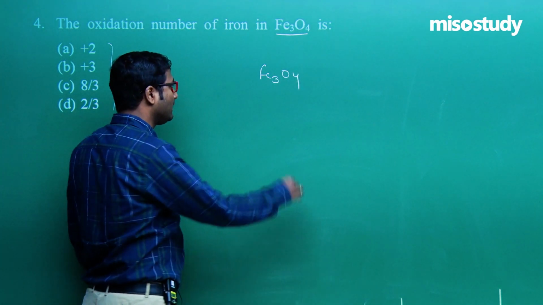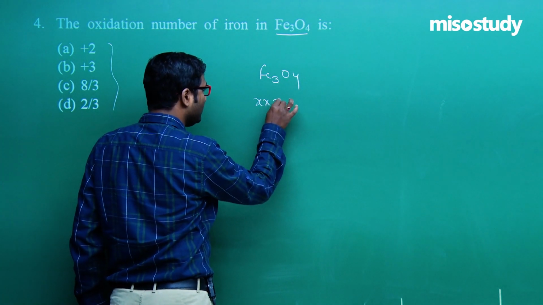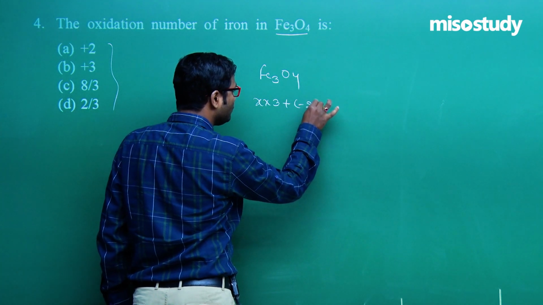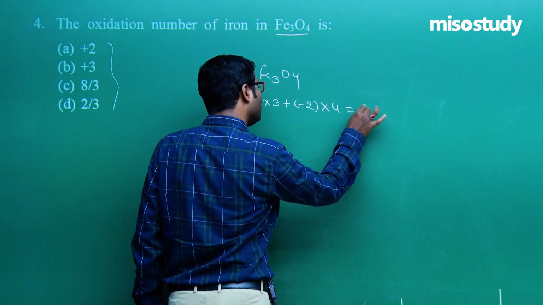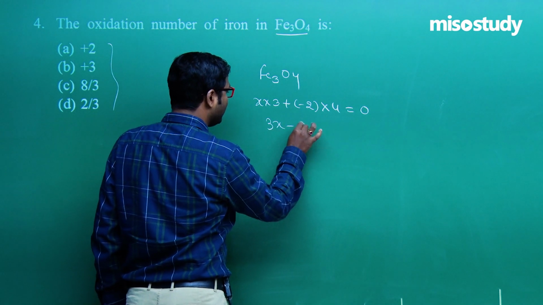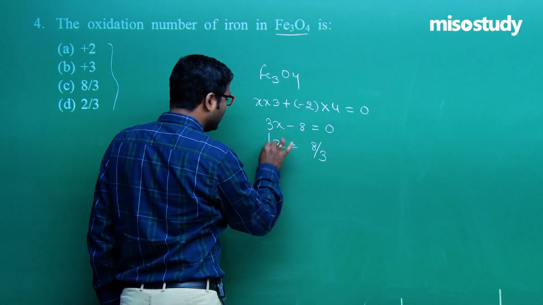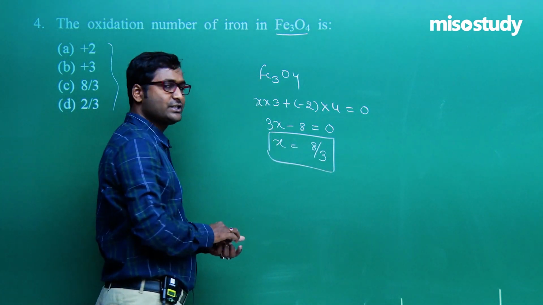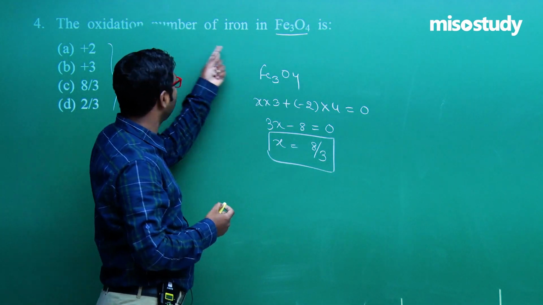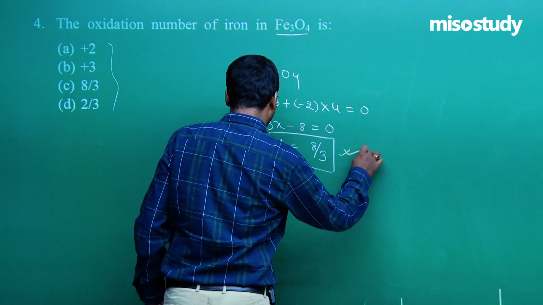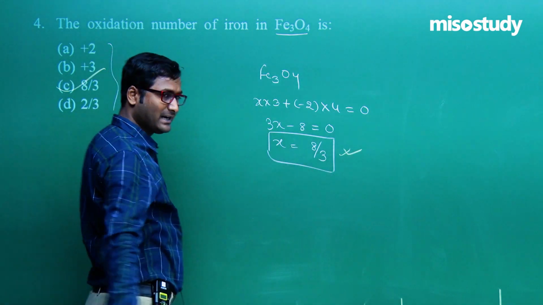Clear, friend? Now put x into 3 plus minus 2 into 4 is equal to 0. 3x minus 8 is equal to 0. x is equal to 8 upon 3. So the oxidation state of iron in Fe3O4 is equal to 8 upon 3. So option C is correct.